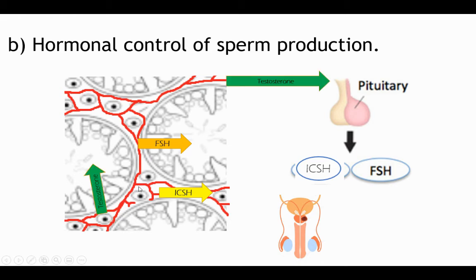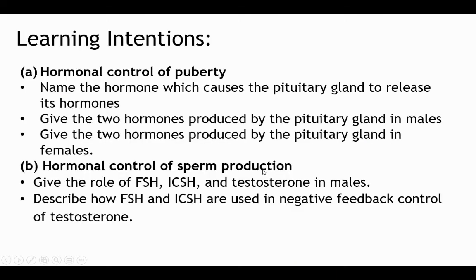Testosterone, as we've said, moves from the interstitial cells into the seminiferous tubules to further promote sperm production. It will also go to the pituitary gland for negative feedback and will go to the seminal vesicles and prostate gland to aid in the production of fluids that promote mobility and viability of sperm. So these are the threefold functions of testosterone, the function of FSH, and the function of ICSH.